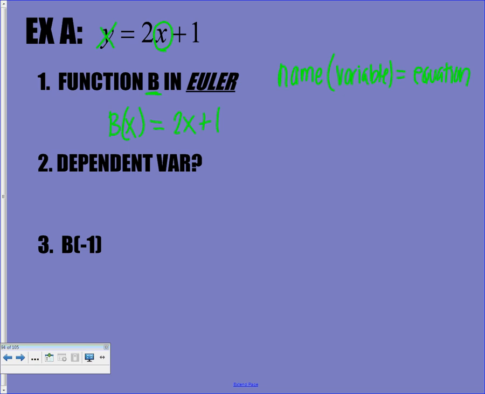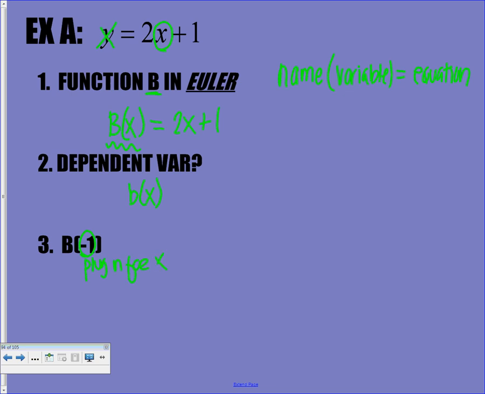Okay, what is the dependent variable? Well, dependent is usually your y, so what do you have in place of your y? The b of x. Okay, so the dependent variable is b of x. Most questions say something like find b of negative 1. Okay, well what this means is if I had b of x, I just plug it in for x.